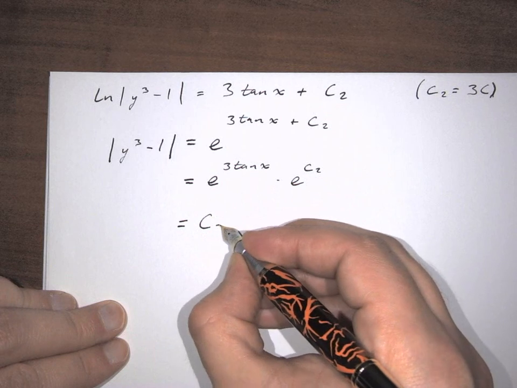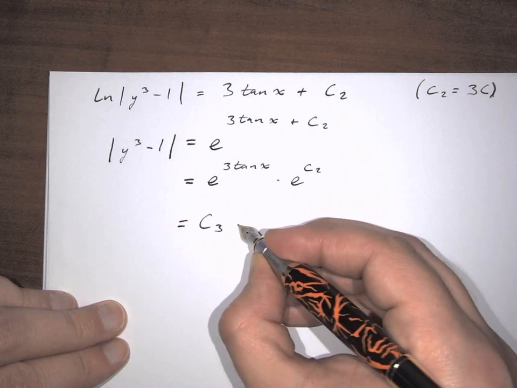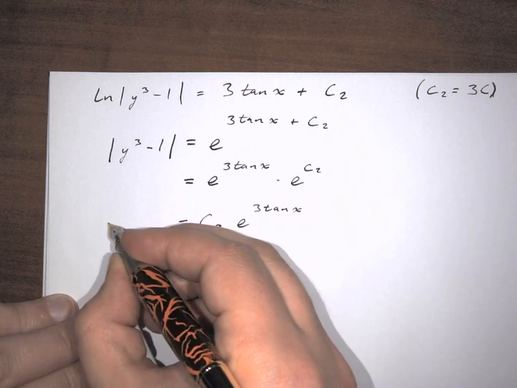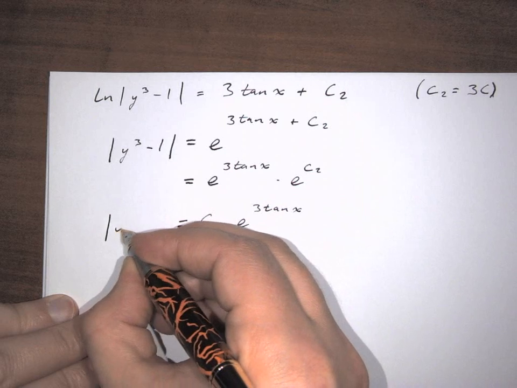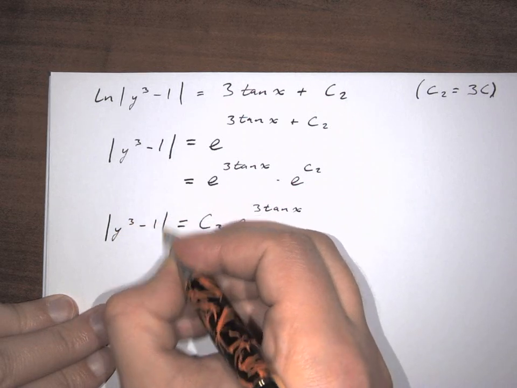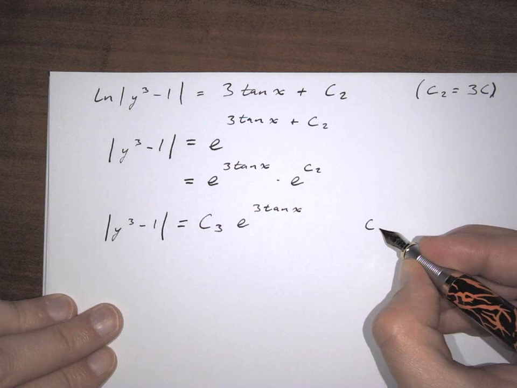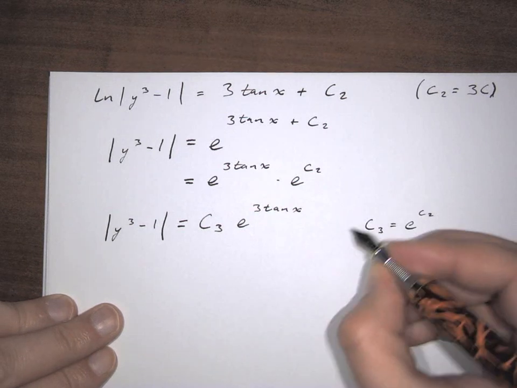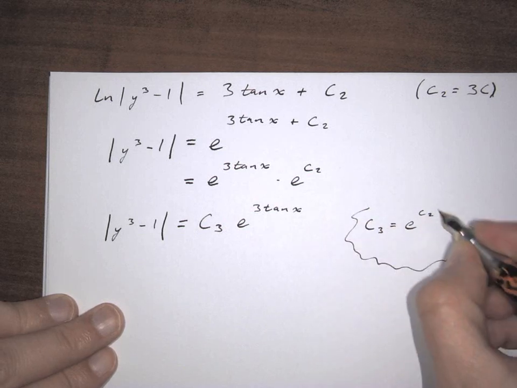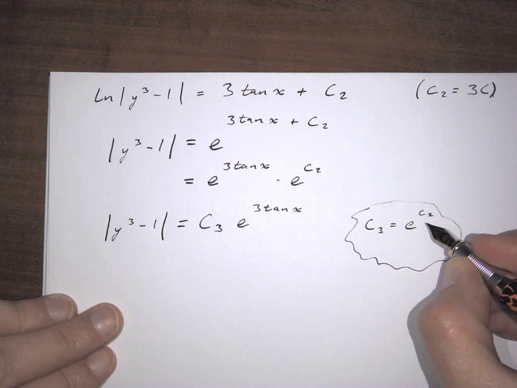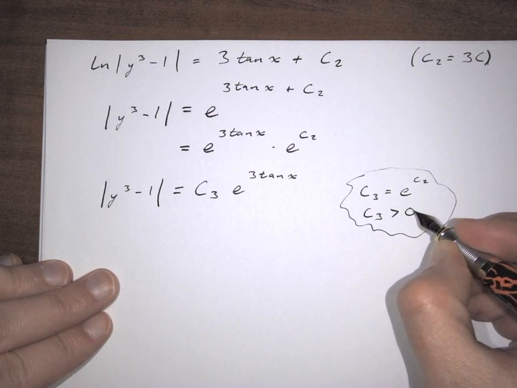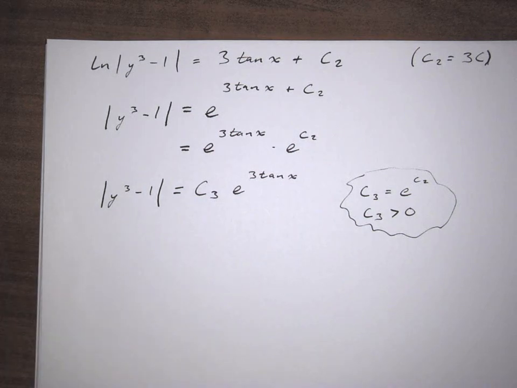So we can call this c3 times e to the 3 tan x, and so what that means is that here c3 is going to equal e to the c2. And because exponential functions would never produce a negative output, that means that c3 is going to be positive. Not a negative output, but not even actually 0, so it's going to be straight up positive.